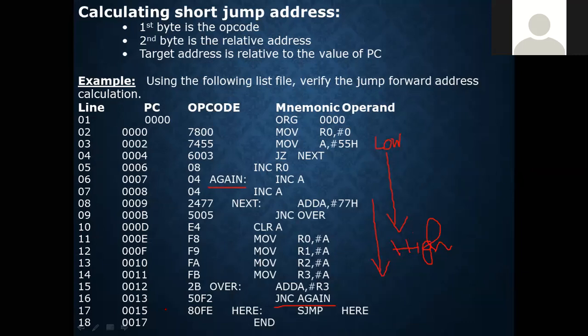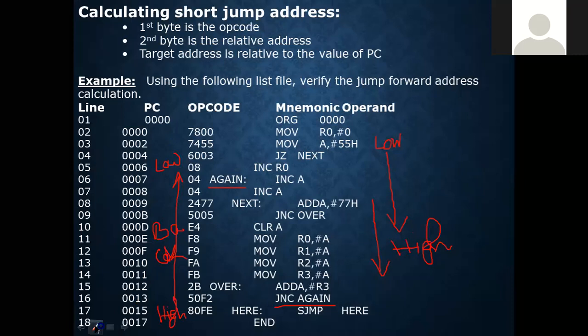Similarly, this JNC again will go this way, that is from high to low. So this is called backward jump.